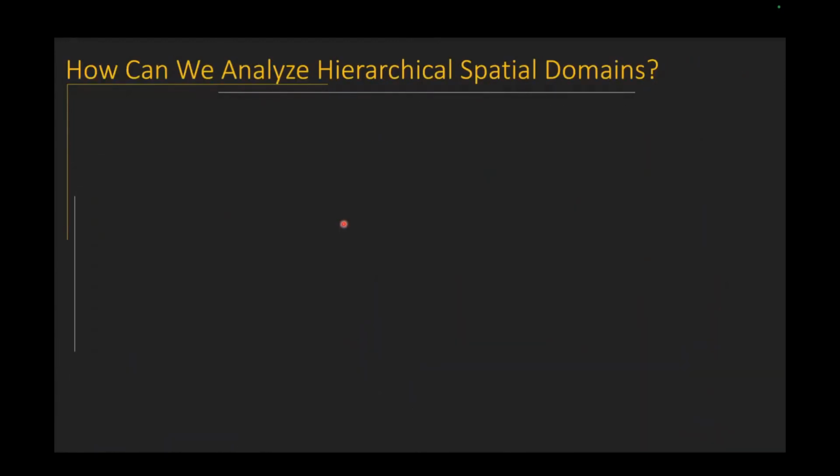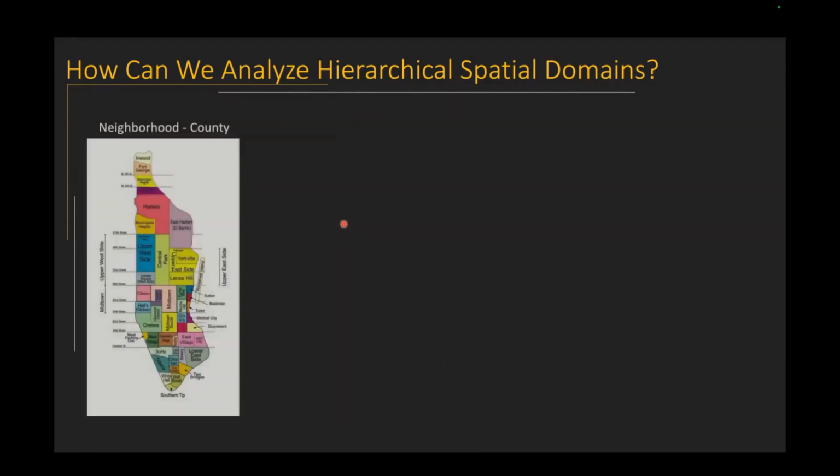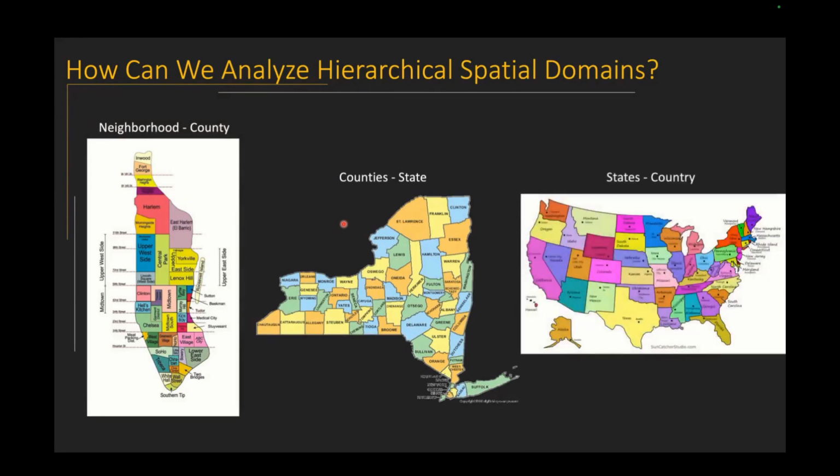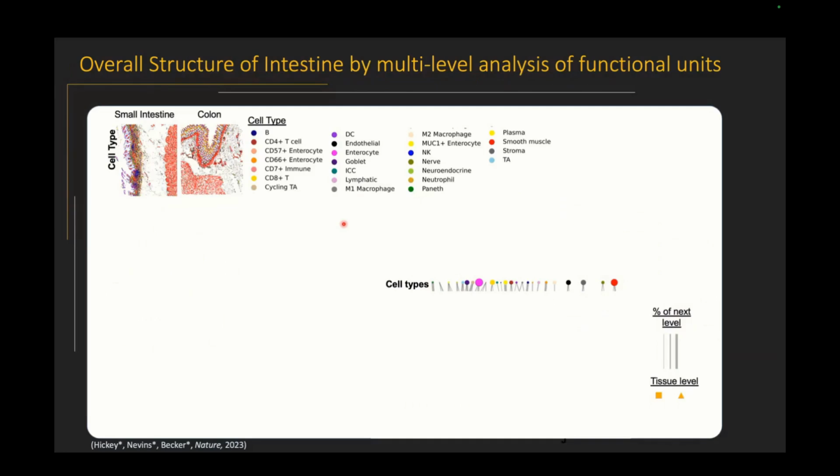We have a lot to draw from in the geographic sense, where we already think about this at multiple scales. So we think about neighborhoods that form counties, counties that then form states, and then states that then form countries. And it's a similar approach that we took to the intestinal data set.